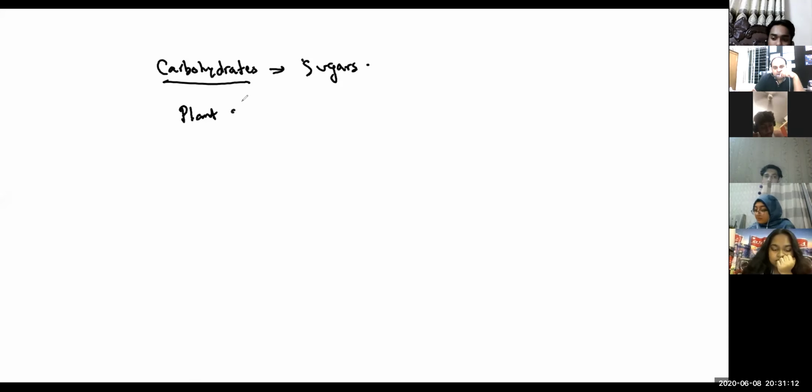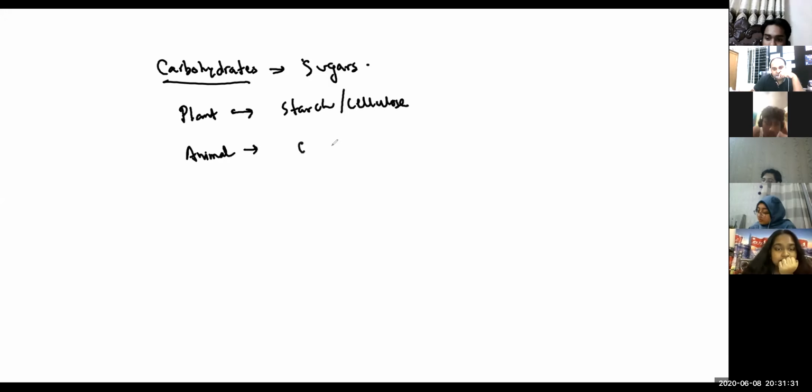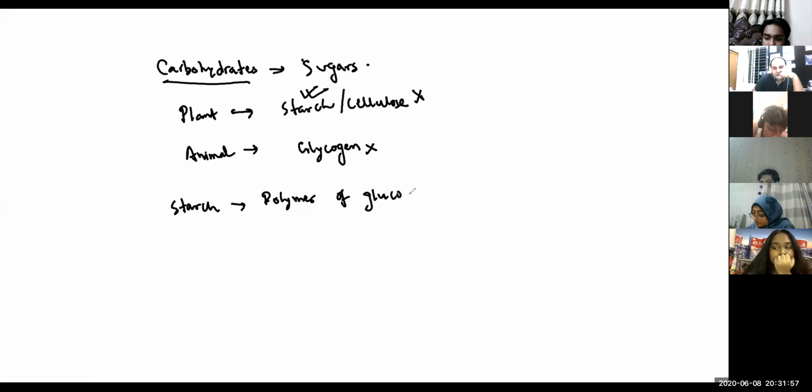The source could be plant, which is known as starch. The source could be animal, which is known as glycogen. So we are not concerned with glycogen. We are not even concerned with cellulose. We are concerned with starch. So what is starch? Starch is the polymer of glucose.